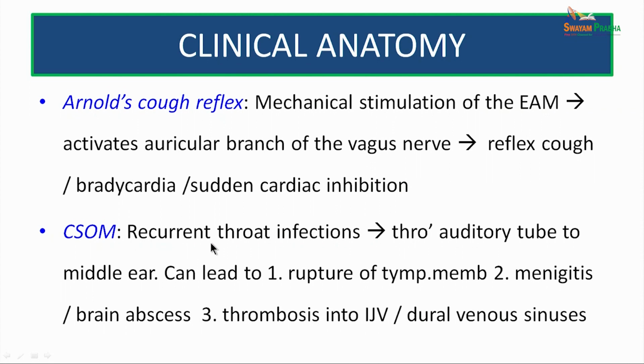Very often it is associated with recurrent throat infections, where there is a communication through the auditory tube to the middle ear. This can lead to rupture of the tympanic membrane, meningitis or brain abscess because of its various communications with the middle cranial fossa, or thrombosis into the internal jugular vein or dural venous sinuses by virtue of the veins being adjacent to the jugular vein as well as to the dural venous sinus.